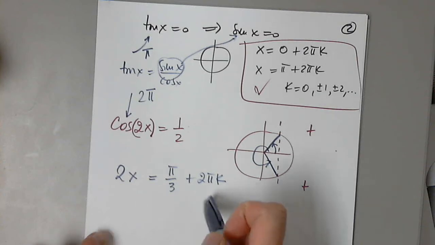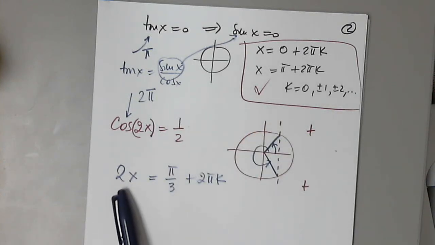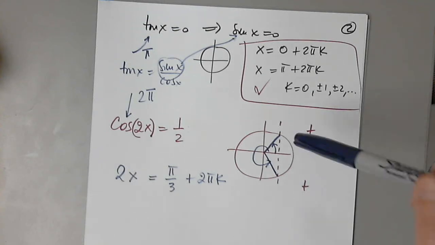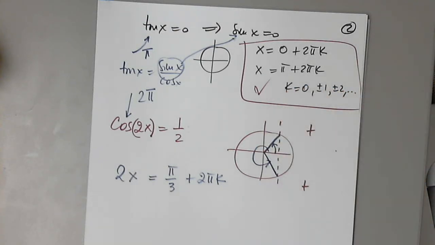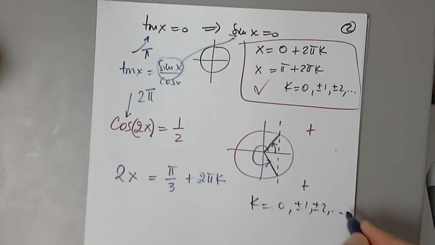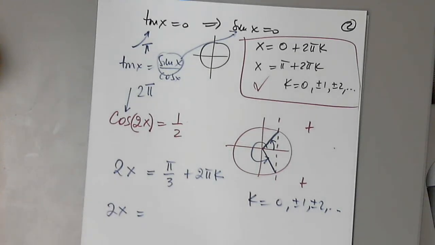Okay, so let's go back here. Now this time the angle is not x, so I have to act accordingly. So it's 2x, which is pi over 3 plus 2 pi k for an angle here in the first quadrant. Of course, k is 0, plus or minus 1, plus or minus 2, and so on and so forth. And what is the other option? So from 2 pi, I subtract pi over 3 to get this angle.